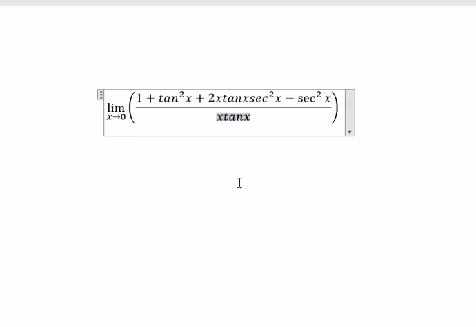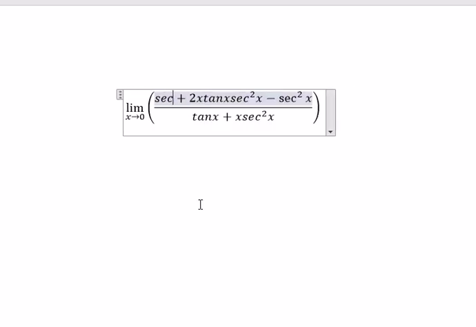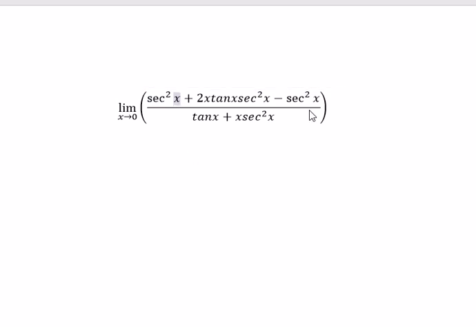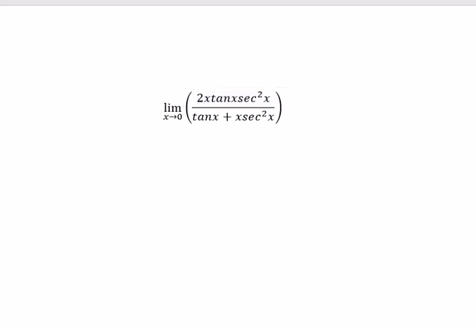This one we know we can change to secant squared x. This one eliminates this one. Because we still have 0 over 0, we still use L'Hôpital's rule.